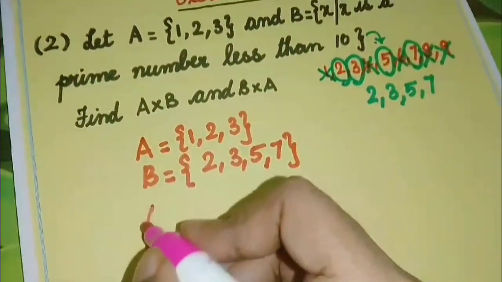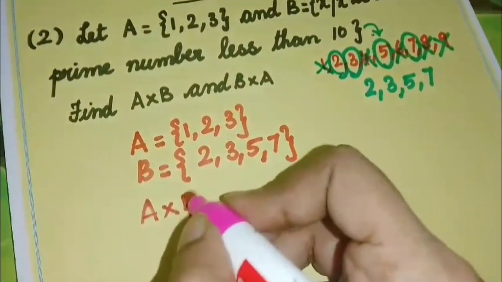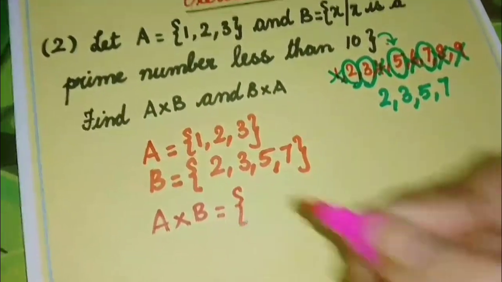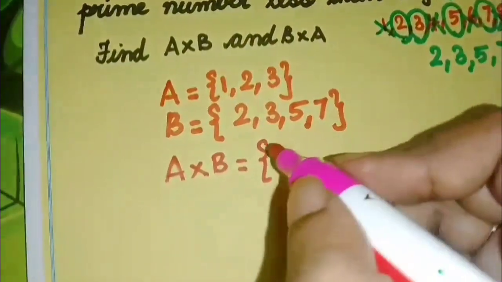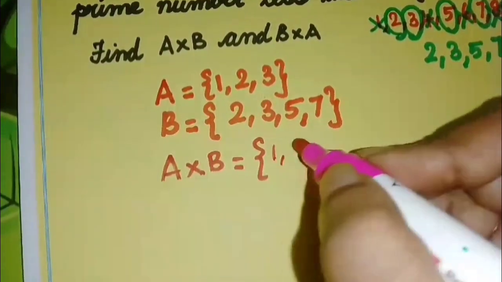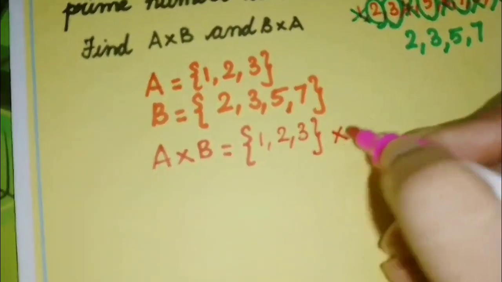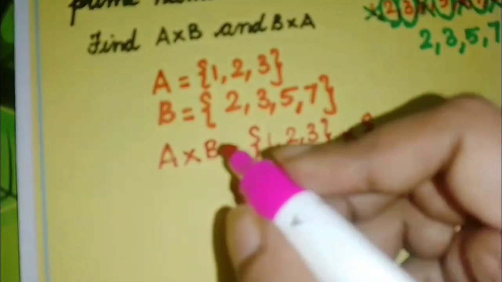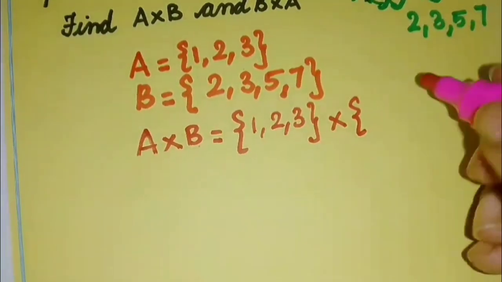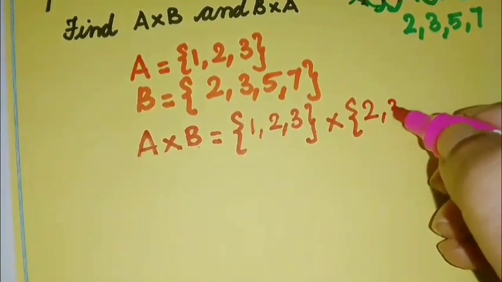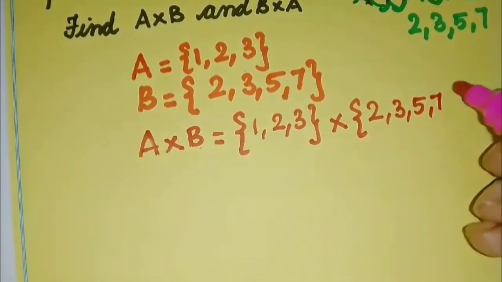A cross B. What is A cross B? What is the set A? 1, 2 and 3. We are going to form the cross product with the set B. What is the set B? The set B contains the elements 2, 3, 5 and 7.